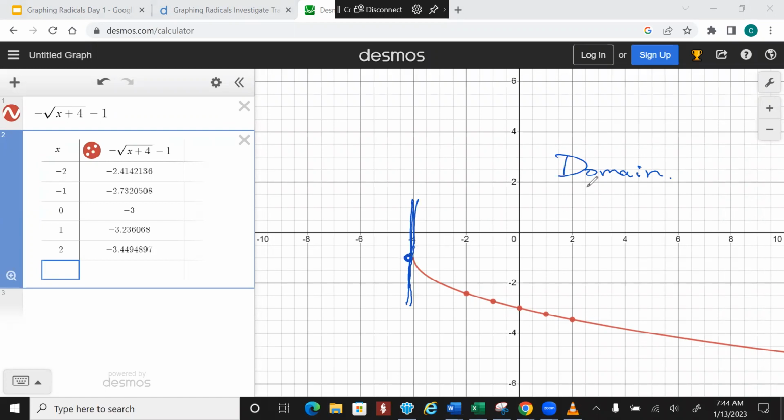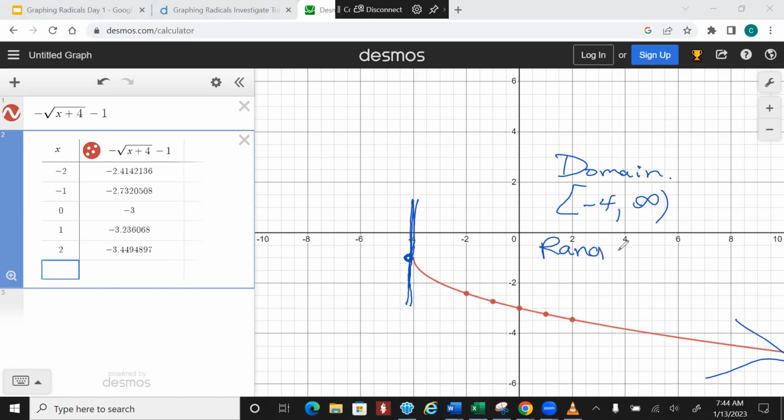Somebody said it. -4. Okay, and then how far to the right does it go? I mean, it just keeps going, right? Remember, with these graphs, you got that arrow, keep going, right? So we're gonna say it's positive infinity. Again, notice how I use brackets and then parentheses. That is important.